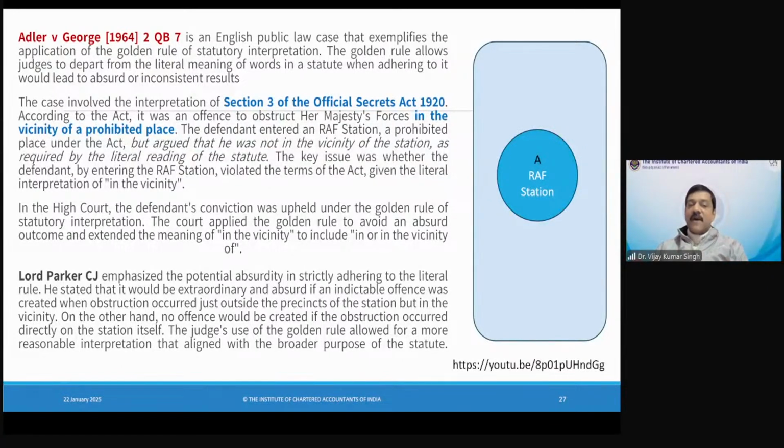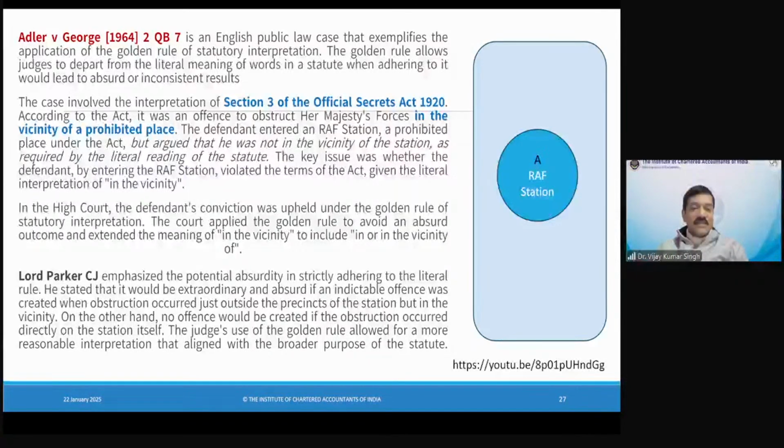In this case, Lord Parker CJ emphasized the potential absurdity in strictly adhering to the literal rule. He stated that it would be extraordinary and absurd if an indictable offense was created when obstruction occurred just outside the precincts of the station, but in the vicinity.